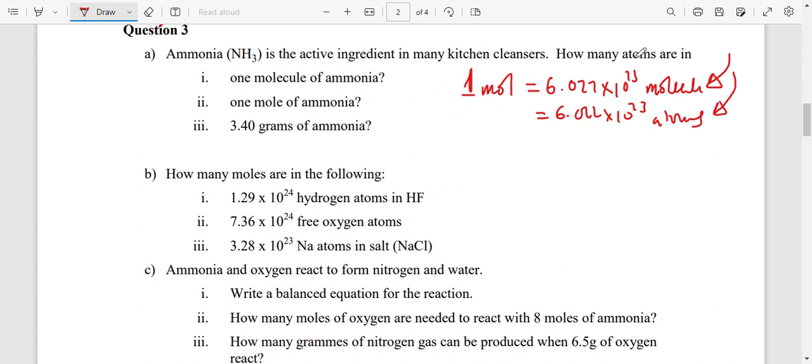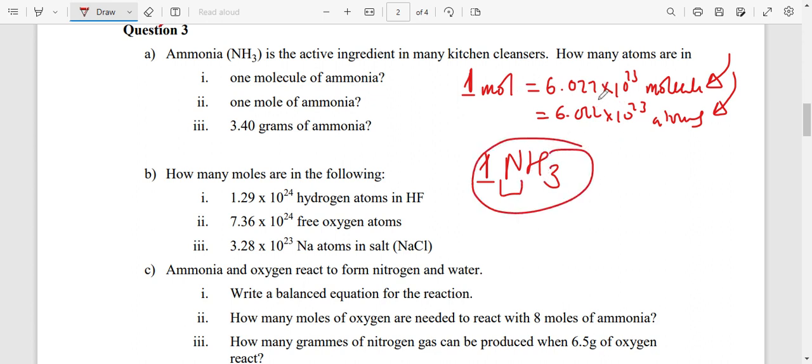So how many atoms are in one molecule of ammonia? Let's just go directly with the formula. If this is one molecule of ammonia, the number of atoms we are able to see directly from here is 4. So for this one, we can just go direct.